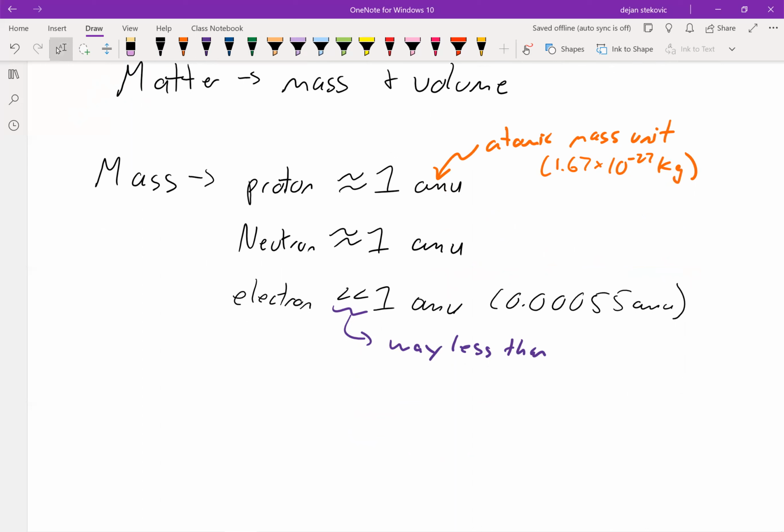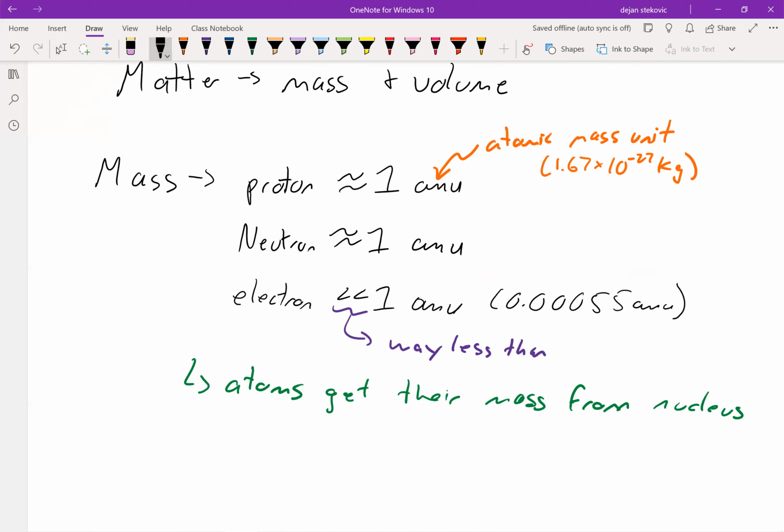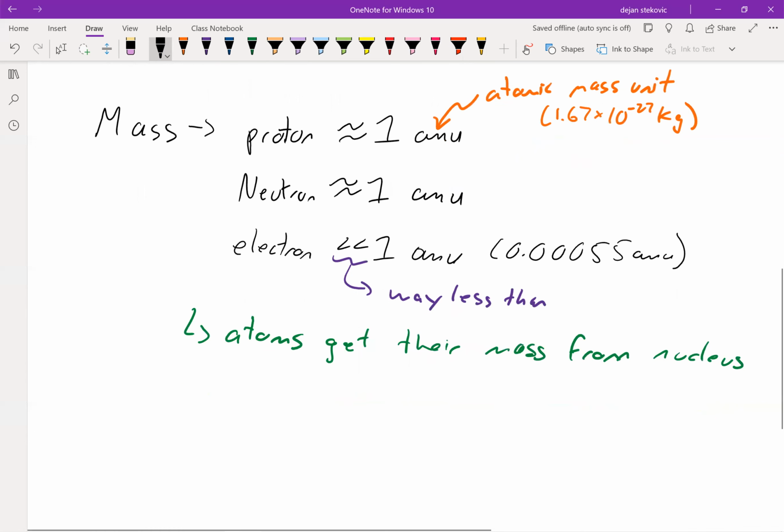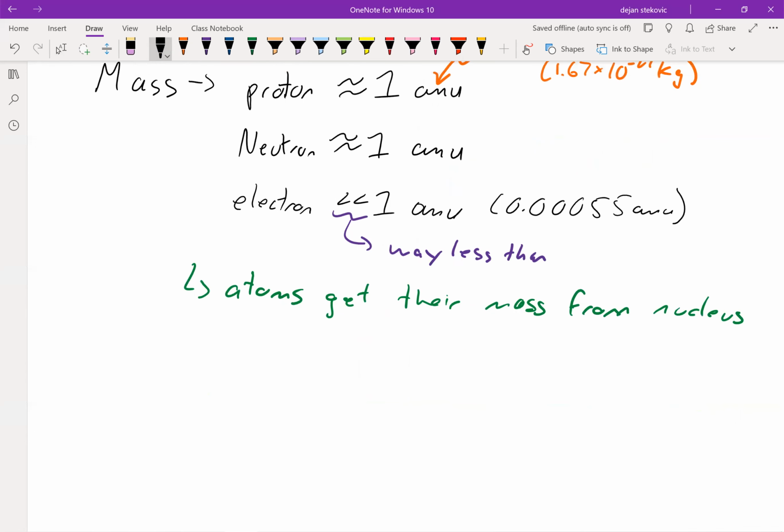The electron weighs way less than 1. And so what we can say is that atoms get their mass from the nucleus. In terms of an atom, pretty much all of the mass is found in the nucleus from the protons and the neutrons.